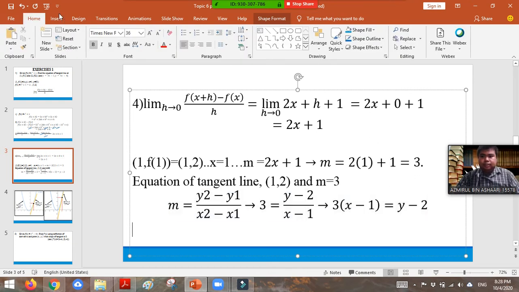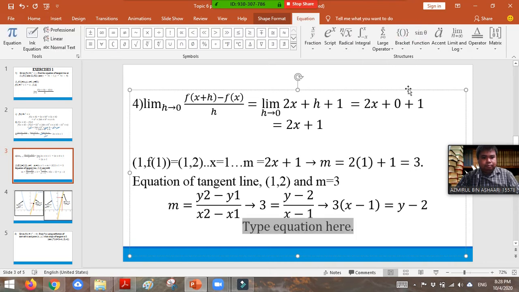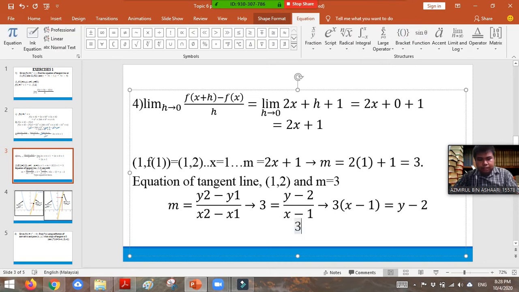And after that, it will become 3x, I multiply inside of this one. 3 with x, 3x. 3 with negative 1 become negative 3. And equal to y minus 2. And of course, I can move this 2 to the left side.